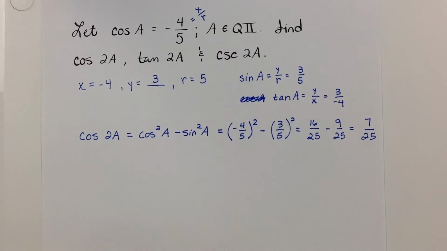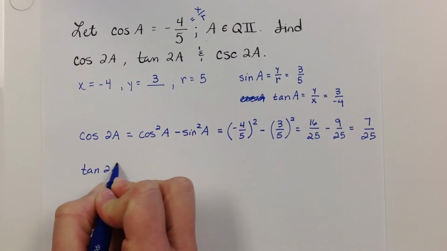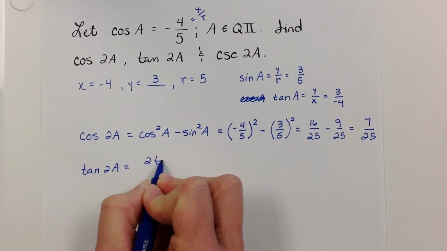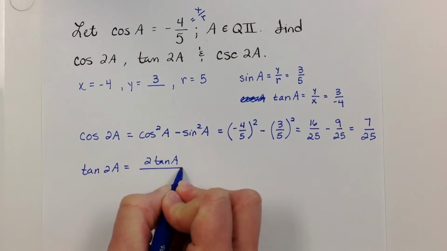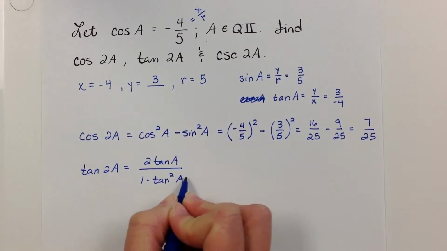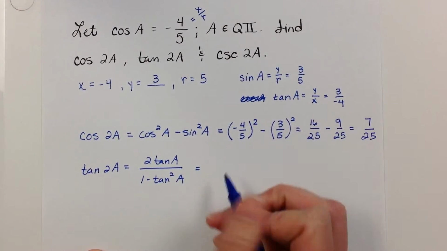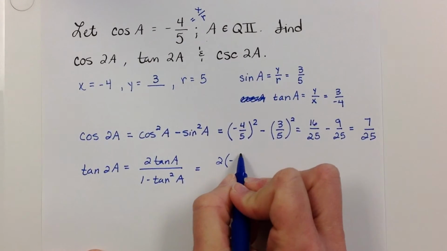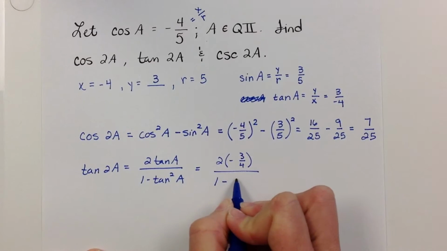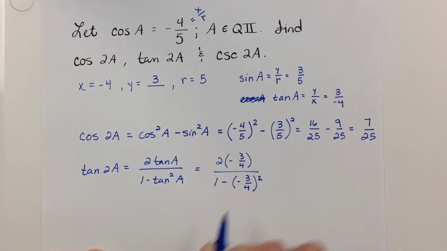All right, next is tangent 2A. Your identity for tangent 2A is 2 times tangent A divided by 1 minus tangent squared A. We have found our value back up here for tangent A. So we'll have 2 times -3/4 divided by 1 minus -3/4 squared.